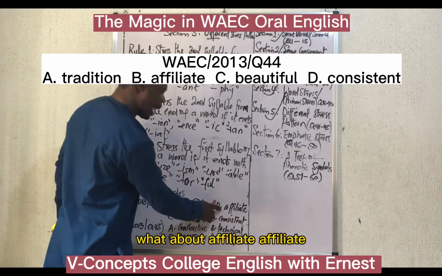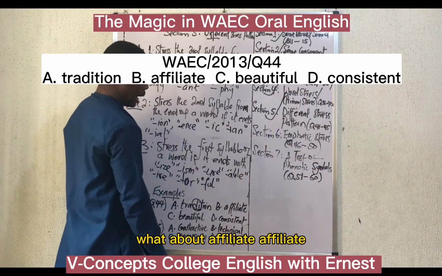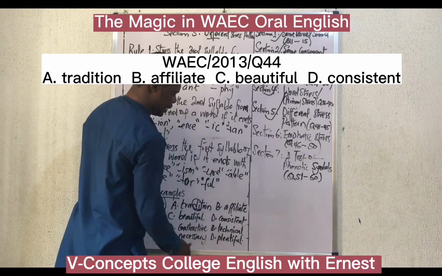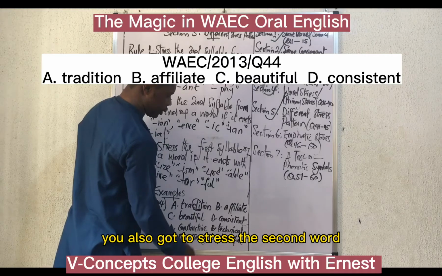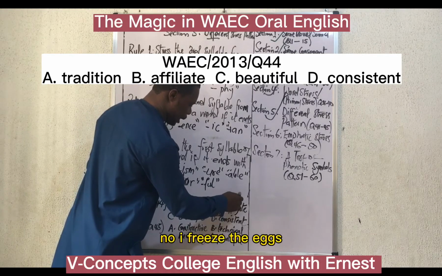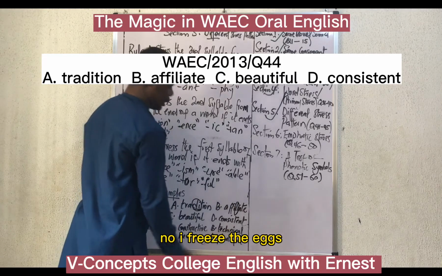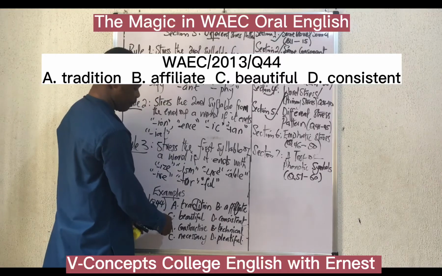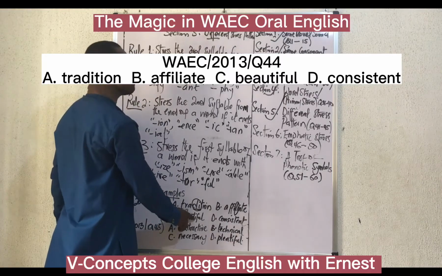Fine. What about affiliate? If a word ends with ATE, you're also going to stress the second syllable. So you stress liate, not affiliate, liate. Then you have beautiful. I'm going to say beautiful.